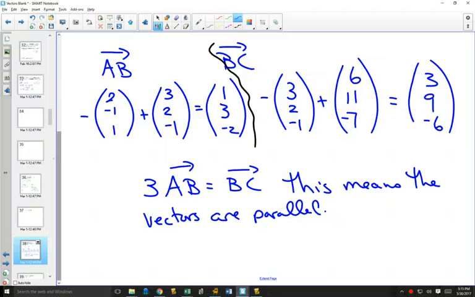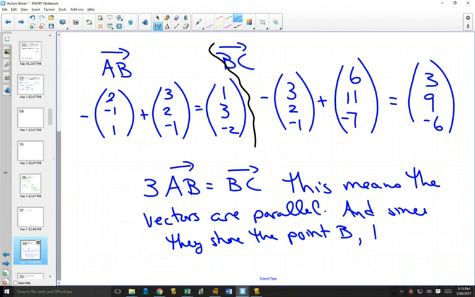So one thing we saw earlier is if you take a vector and multiply it by a scalar, so if we took vector A and multiplied it by 3, we get a new vector that's longer but still going in the same direction. And because both of those vectors are parallel, and since they share the point B, these 3 points must be collinear.